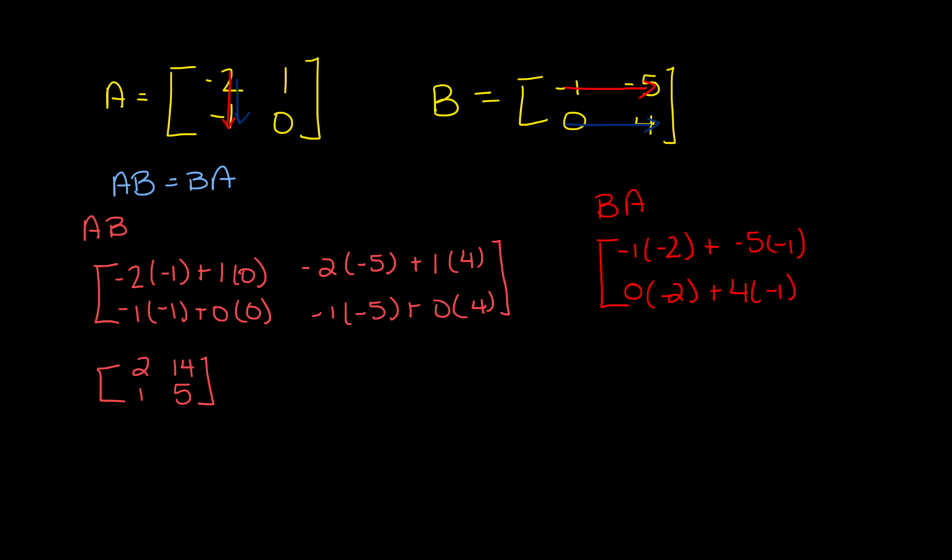Then changing colors here, I'm going to do the second time going this way. That gives us negative 1. Oh, and then, sorry, I didn't keep the color combination here going down that way. So it's negative 1 times 1 plus negative 5 times 0. Never give myself enough space.